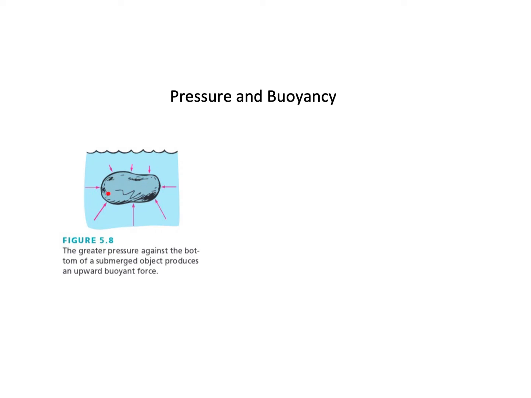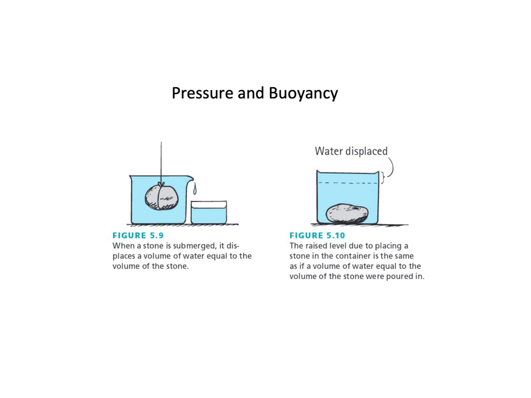This is what we call buoyancy, and it's why things are easier to lift if they're submerged in a fluid, because the fluid is kind of helping you by creating this upward pressure. And so there's an effective force pushing the object up, and we call that force the buoyant force.